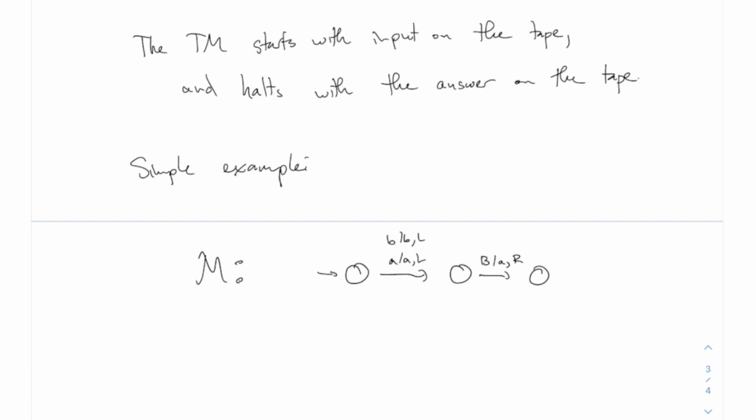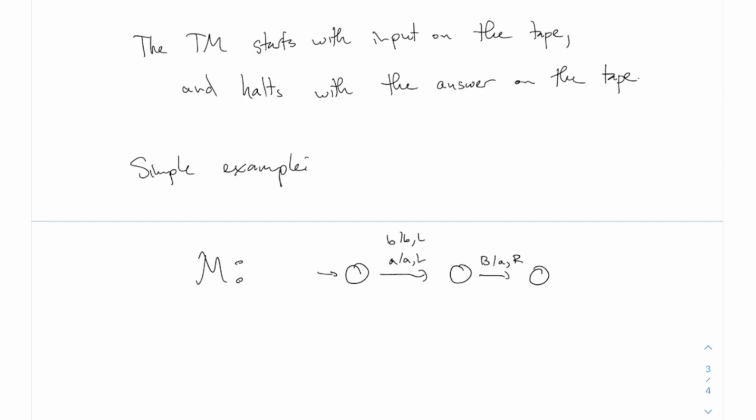It doesn't have an accepting state because this Turing machine is not about accepting or rejecting. It's about doing something, right? It starts with a particular input on the tape, and when it's done, the tape looks different, and that's the answer. So I would like to think about, what does this machine do?